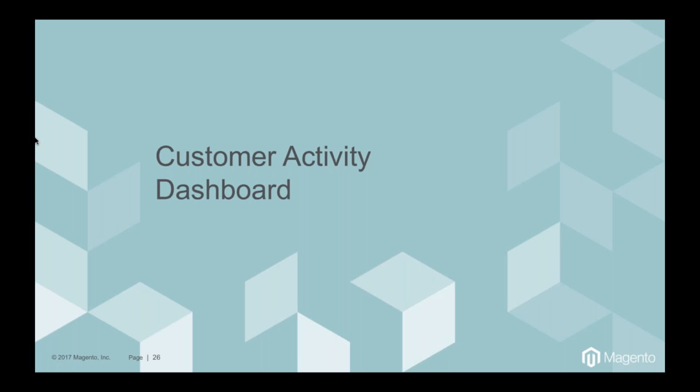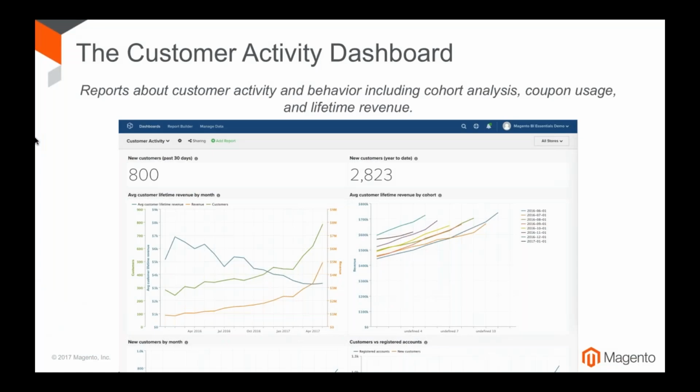So this brings us to my personal favorite, which is the customer activity dashboard. This is where you can really tie a lot of this story together and get a good understanding of what's going on inside of your customer activity and what's going on inside of your merchant base. So this is where you see things like cohort analysis, where you see things like customer lifetime revenue.